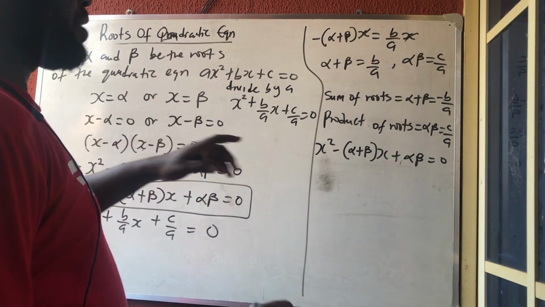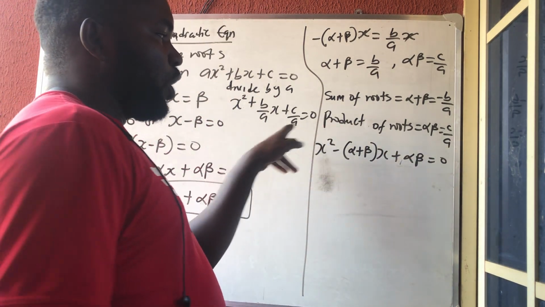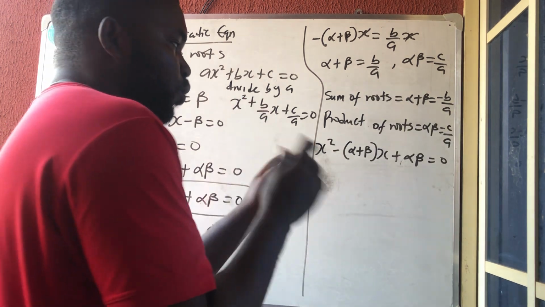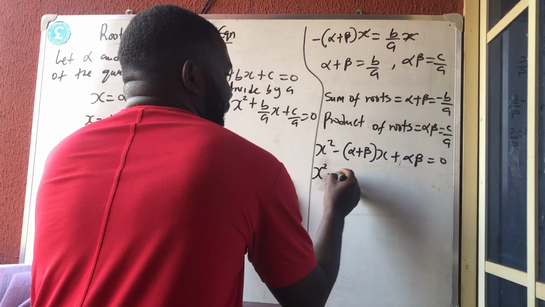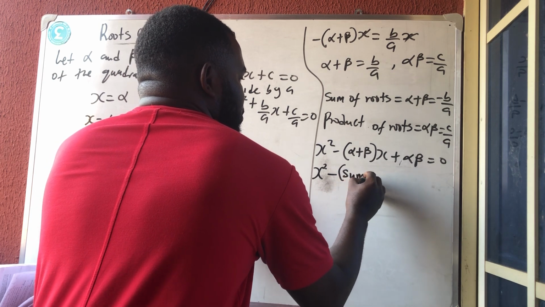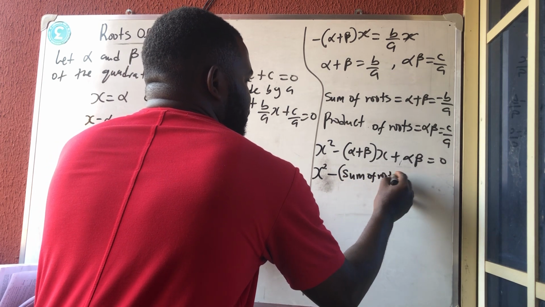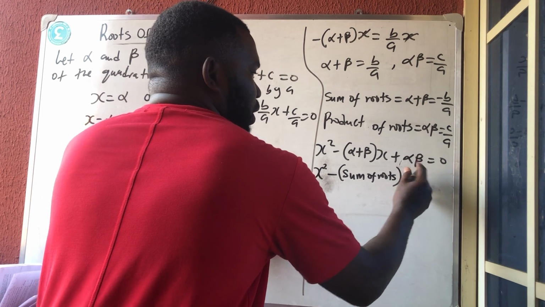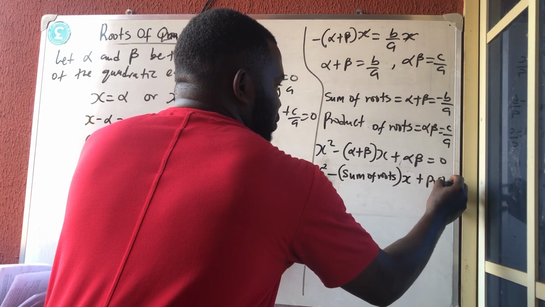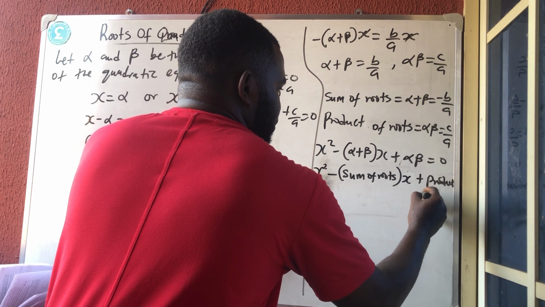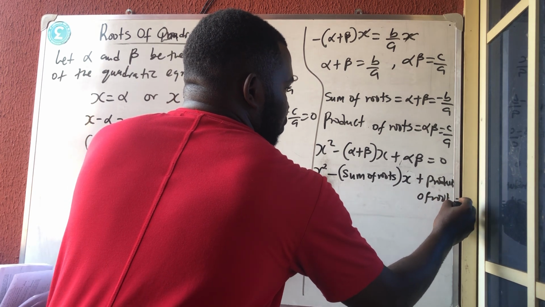It means that to find any quadratic equation, you put down x squared, minus the sum of the roots, plus you now attach x to it, plus the product of the roots, you now say equal to 0.